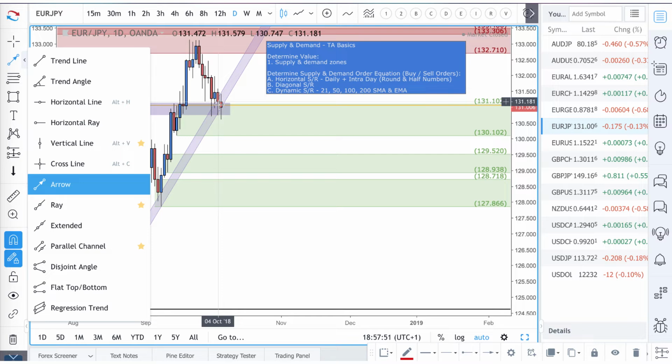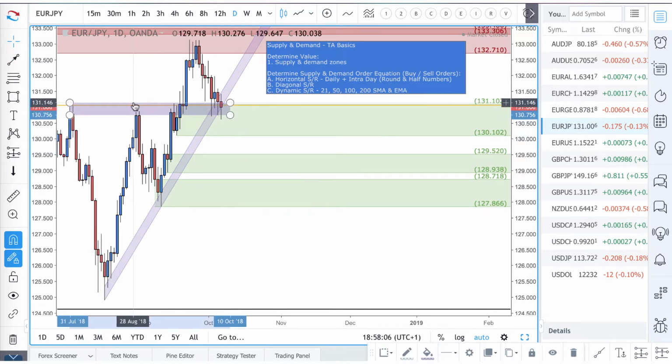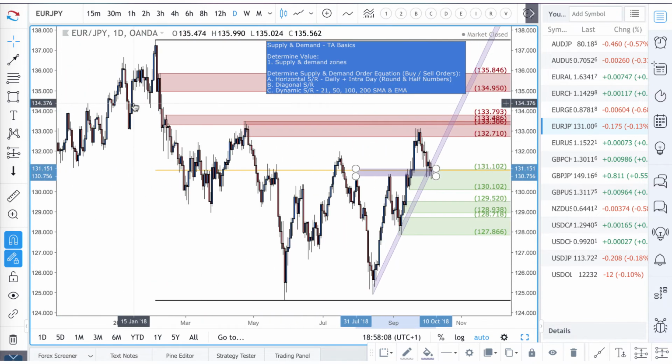And again, if you want to have a look at the analysis for this trade this week, just look at last week's video on the euro yen setup. So this is still in play, as we do have, if we zoom out a little bit, right?